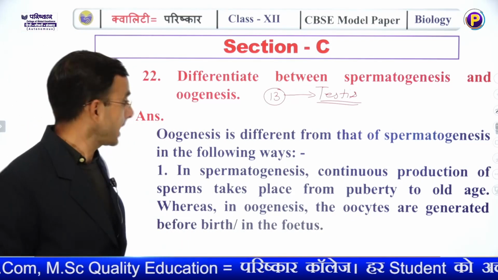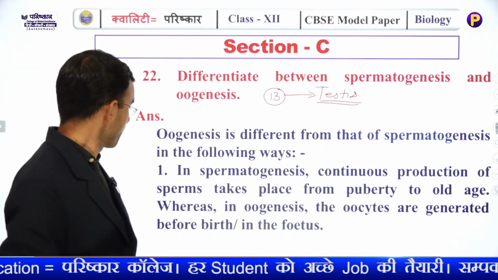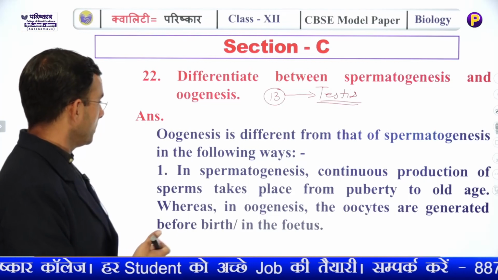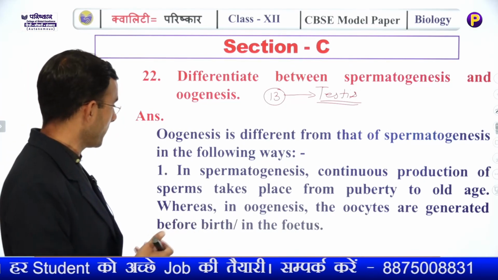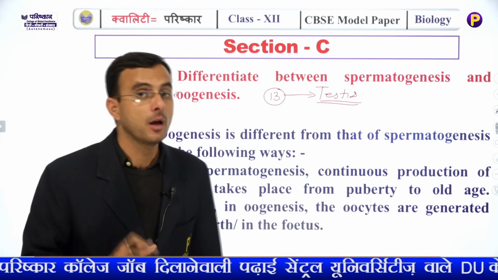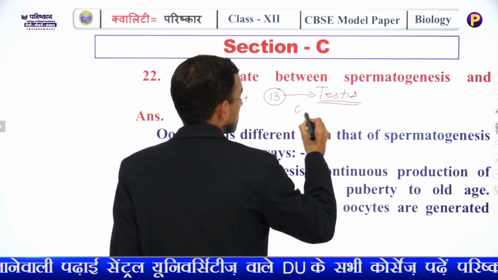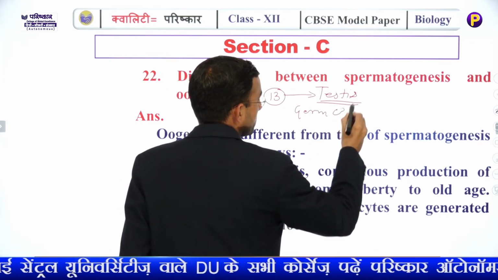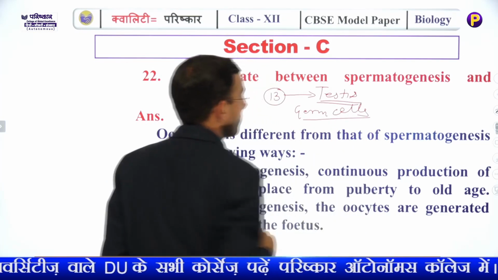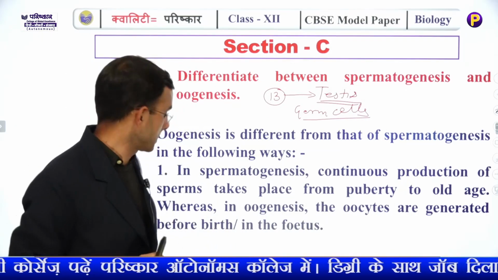On the other side is oogenesis, that means formation of the egg. In oogenesis, the oocytes are generated before birth, because they are formed through the germ cells, which are found in the reproductive organs.